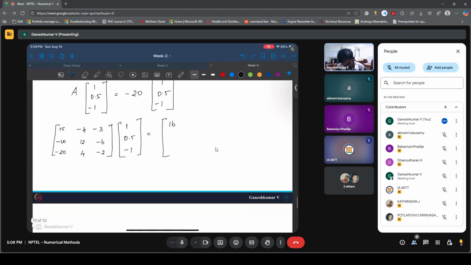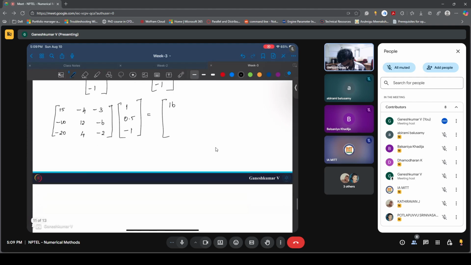Okay, 15 minus 2 plus 3 is 16. Then 10 minus 10 plus 6 plus 6, and then minus 20 plus 2 plus 2. So 6 plus 6 is 12, 12 minus 2 is going to be 2, and this is going to be minus 16.